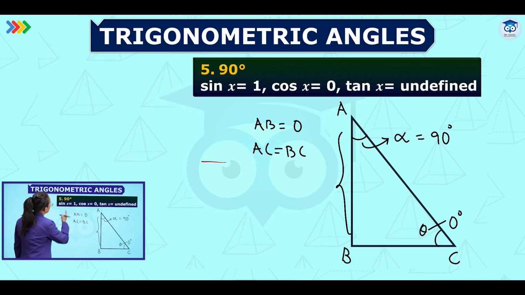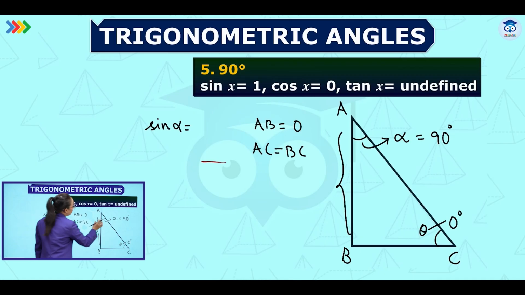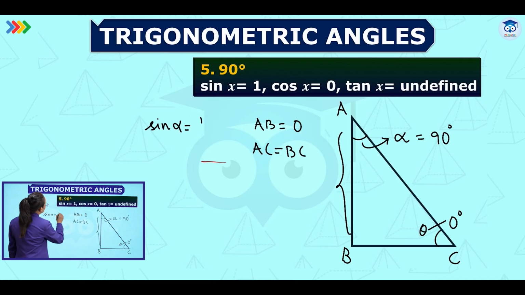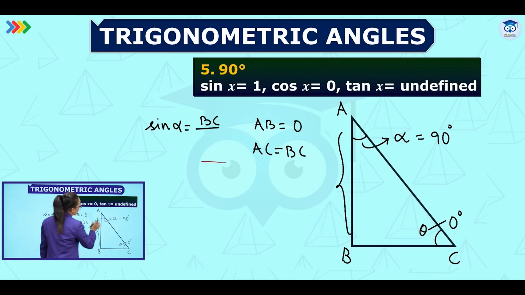Now we will define sine alpha, since we want 90. Sine alpha is opposite upon hypotenuse. Opposite is BC and hypotenuse is AC.